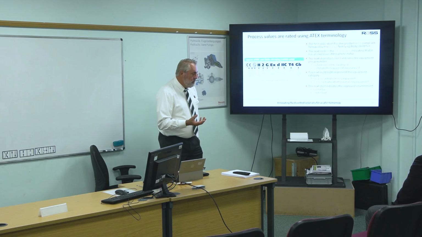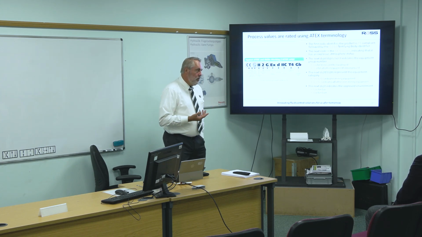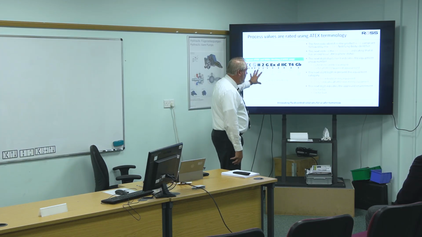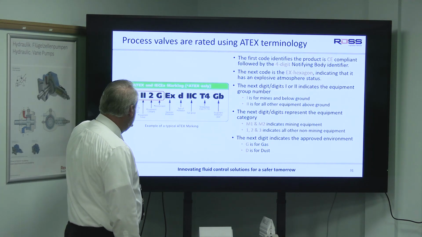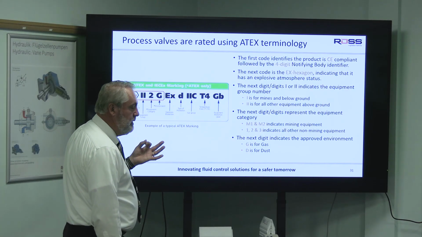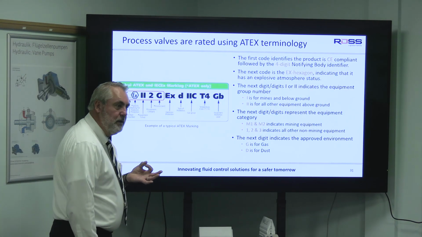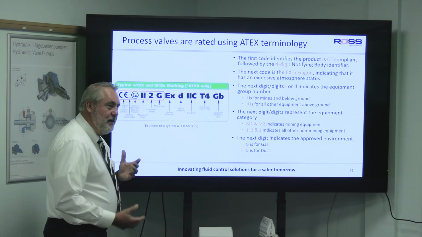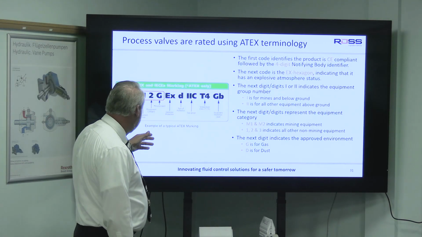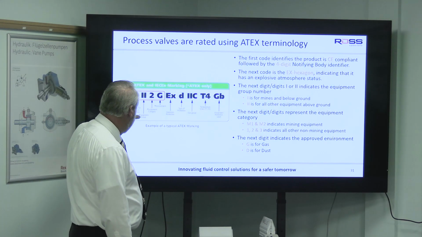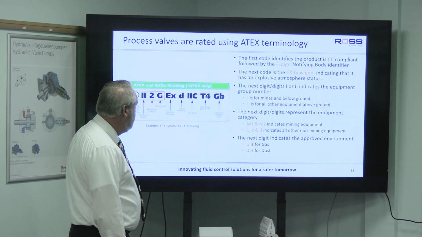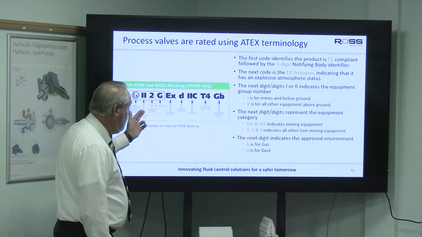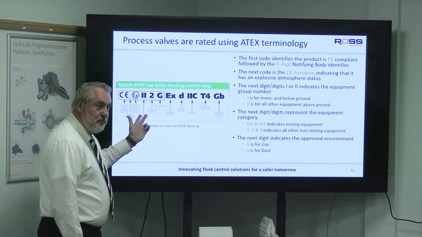And what's used here in Europe is ATEX ratings. And so ATEX ratings basically use the first digits here to tell what type of valve it is. So CE just means that this complies to the CE directive in Europe. You've got a UKCA now, so it would be a UKCA if it was one that you were using here. It also has the number of the notifying body, this 4-digit code. Then you see EX, that means it is good for explosive atmospheres.